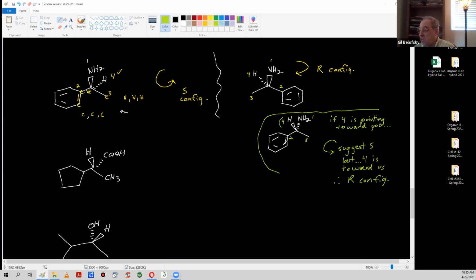So is switching any 2 groups going to get you the enantiomer? Yes. Is drawing the mirror image easier? Yes. Right. Okay, but it does sort of prove the point.